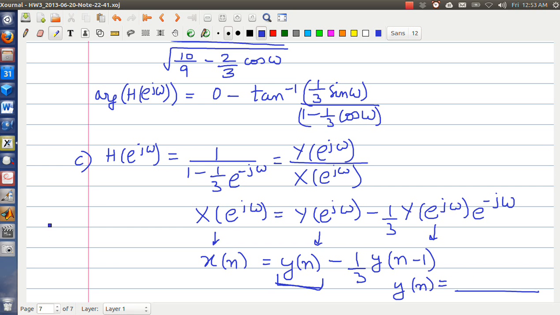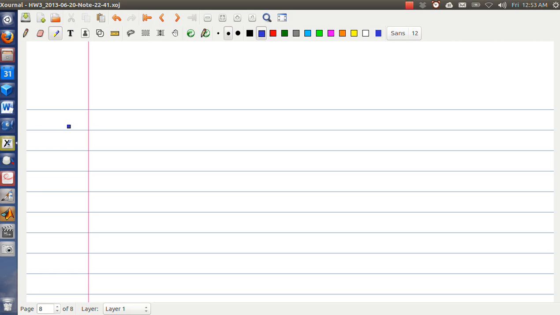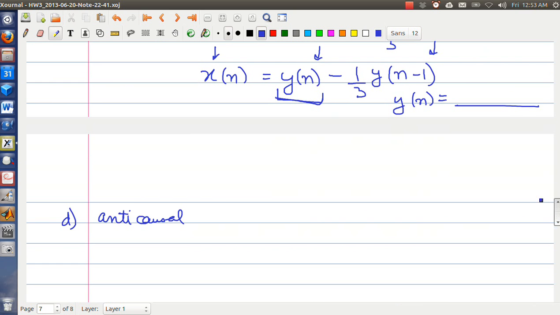For D, we are expecting an anti-causal version, so you simply need to rearrange it. The first step would be to get this particular term, y of n minus 1, in terms of y of n and x of n.